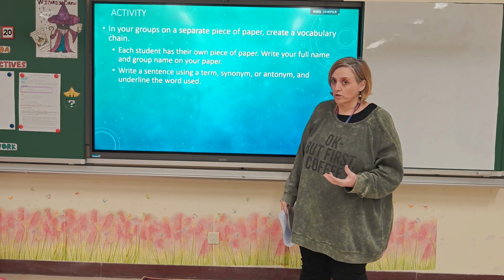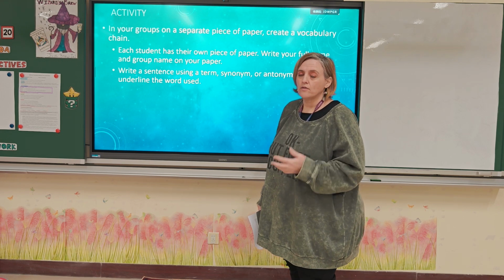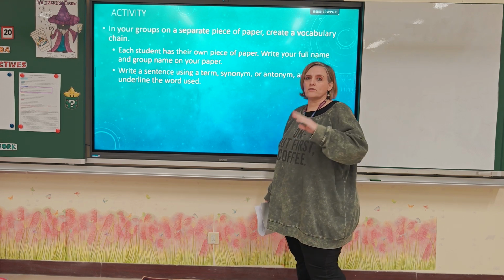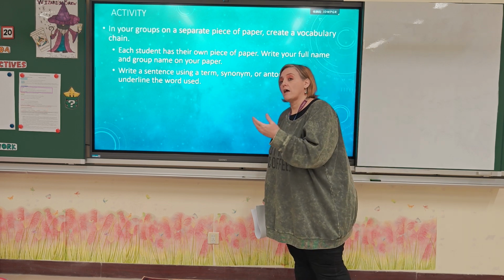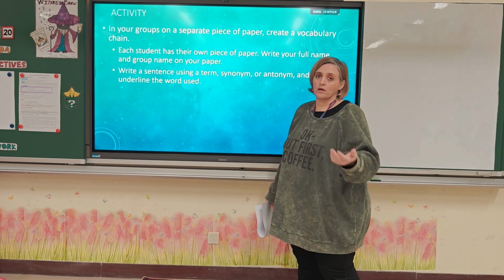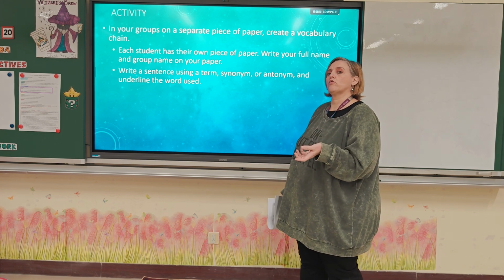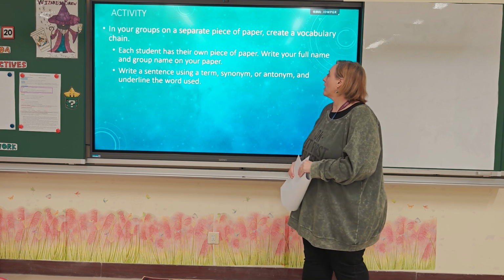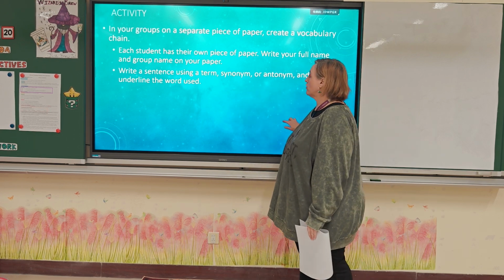So they have a lot of words to work with. If you give your kids 5 to 10 terms from the compulsory or the supplementary book, that is a good number. If you give them 5 terms and 3 synonyms per term, again, a good group to work with. You want to make sure they have a nice solid word bank to work with to do this activity. Okay, so then they're going to write the sentence and underline the term.